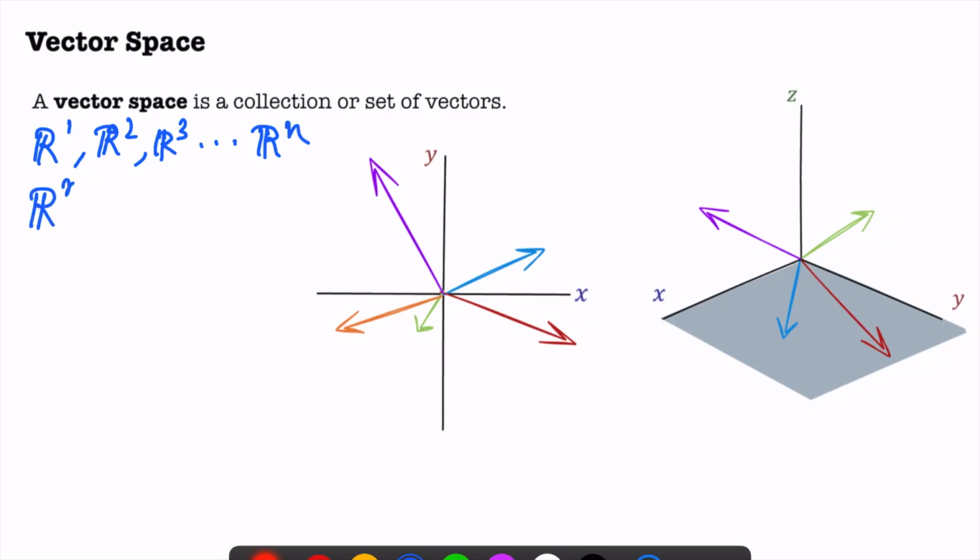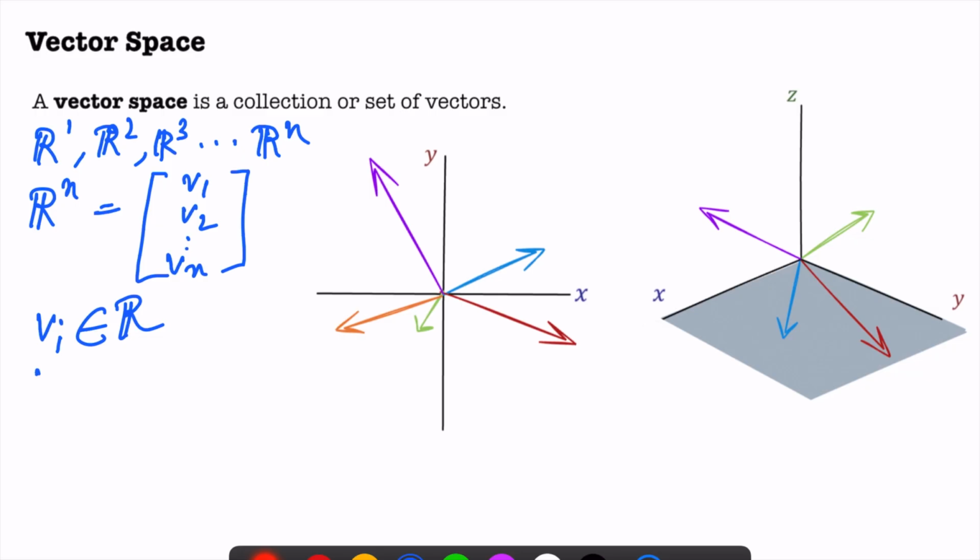Here Rn means it's a vector space that contains all the vectors where each vector has n components and each component is a real value. Let's say v1, v2 till vn, then vi is a real value for all i in 1 to n.